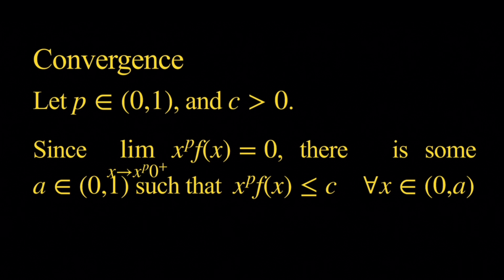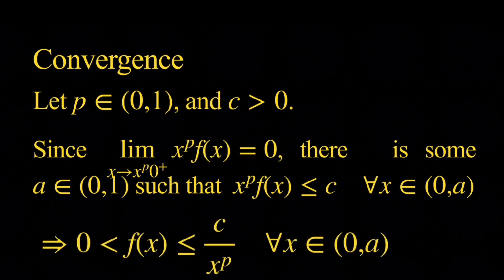Now, because x is different from 0, we can divide both sides by x to the p, and we end up with the following. So f of x is positive and less than or equal to c over x to the p as long as x is between 0 and a.